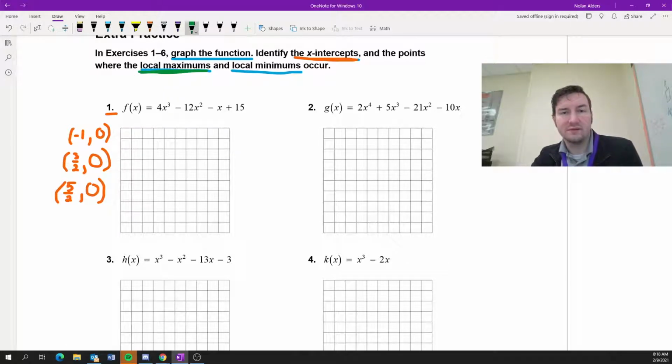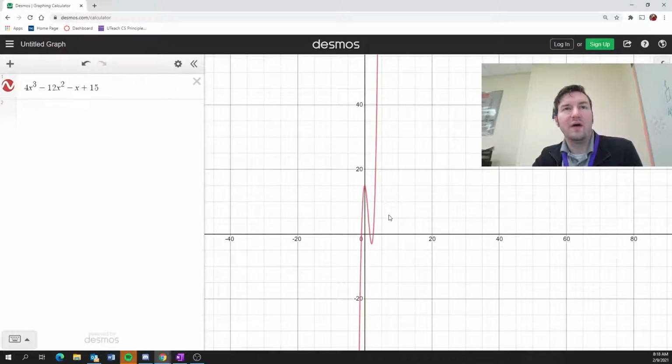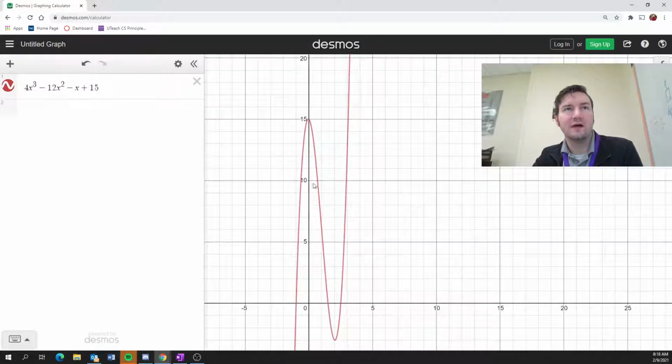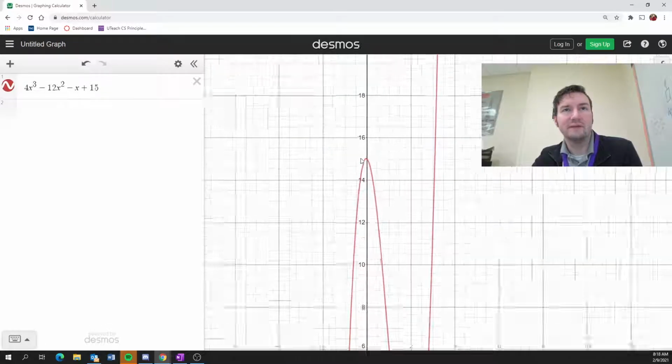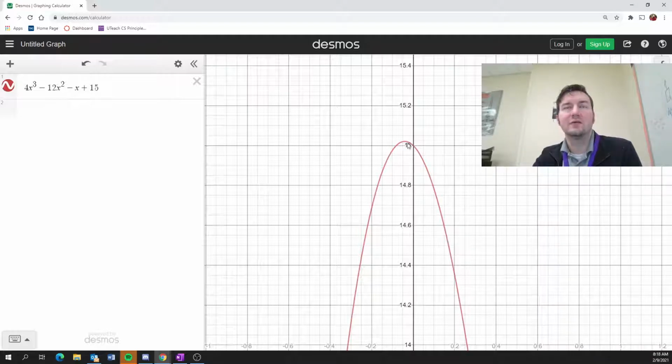Our local maximums are maximum points in a general area. So if we look back at this graph here, a maximum would be a point where, in that general area, it's the maximum point. We can see right in this area, we have a maximum point right in there.